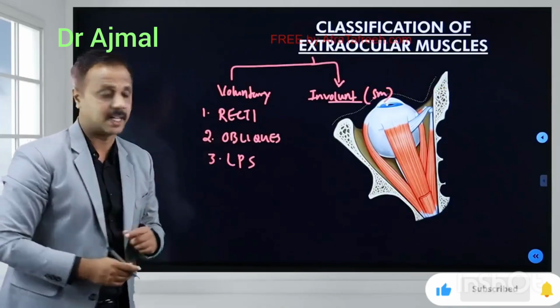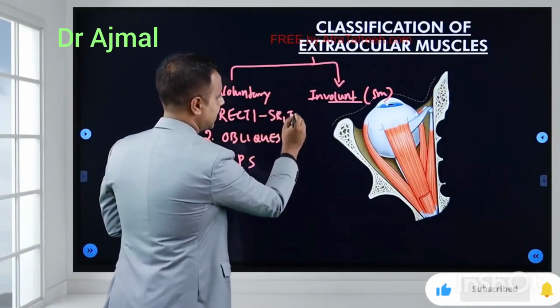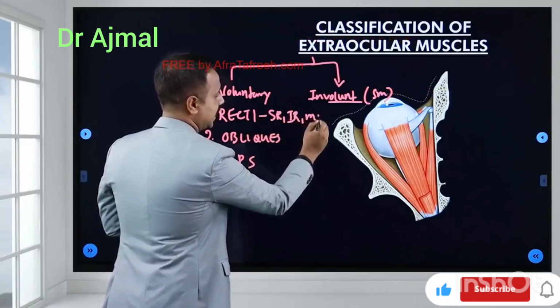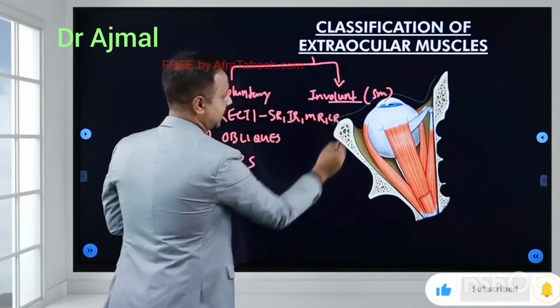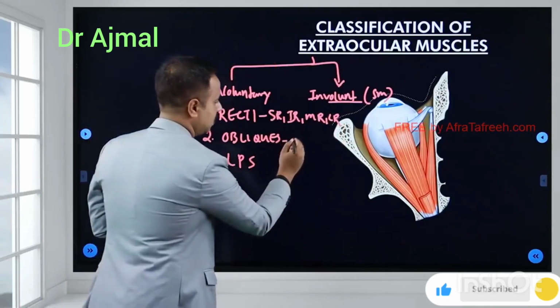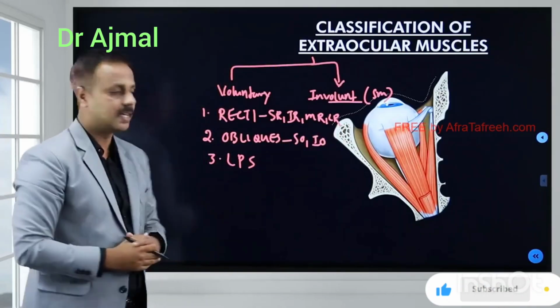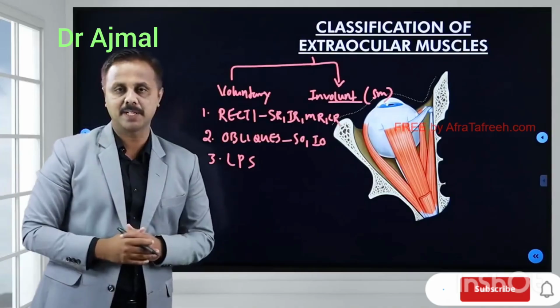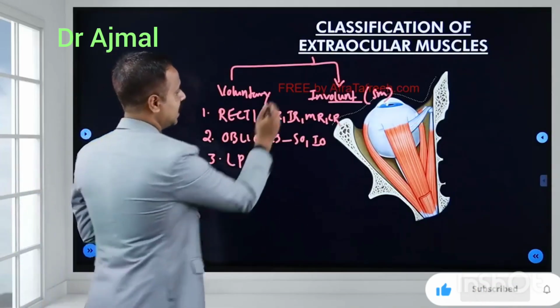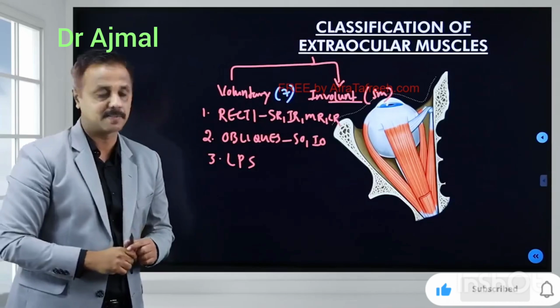There are 4 recti. These are superior rectus, inferior rectus, medial rectus and lateral rectus. Right? Then obliques are 2, superior oblique and inferior oblique. And there is 1 levator palpebrae superioris. So there are 7 voluntary extraocular muscles.